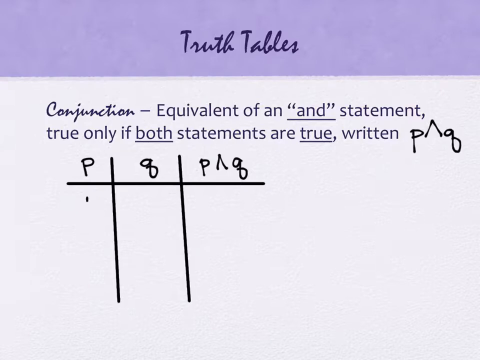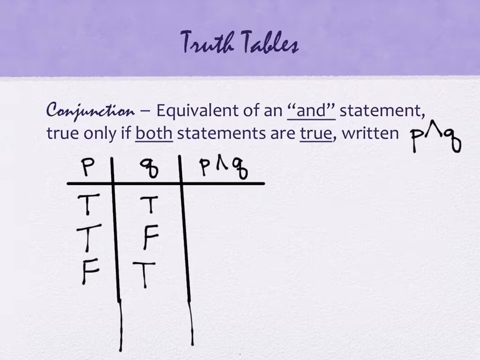For example, if statement P is true, statement Q could be true as well. We could just have 2 true statements. But we could have statement P true and statement Q could be false. Right? But likewise, we could have statement P false and statement Q true. What's my last possibility? Both false.